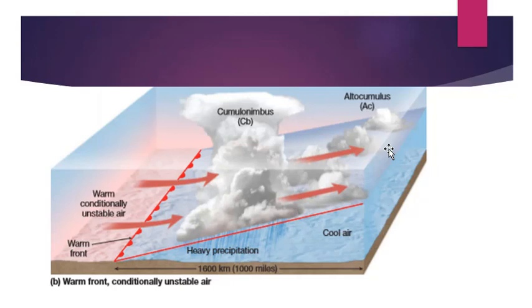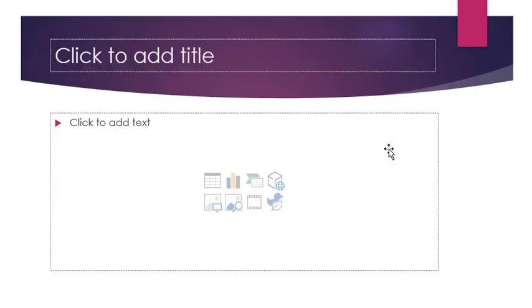Okay, so we have here a warm front in conditionally unstable air. When we say unstable, that means the warm air is continuously rising. So it can produce altocumulus and then cumulonimbus clouds, which can result in heavy precipitation. Okay, so take note that a warm front in conditionally unstable air can produce heavy precipitation.